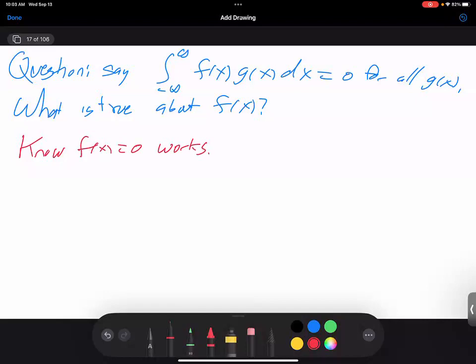Can you think of any other functions that might work? So f of x equals 1 everywhere?